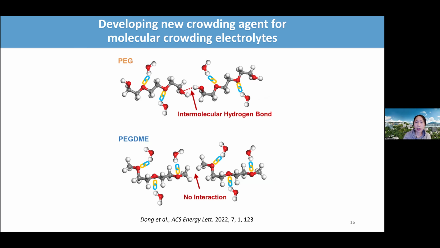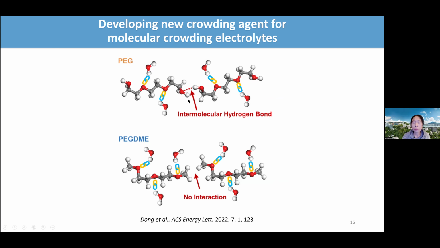The thought is simple: if we can use another water-miscible polymer with lower viscosity, then we can significantly reduce the overall viscosity and improve the ionic conductivity. PEG actually has a very strong intermolecular hydrogen bond interaction between the molecules.